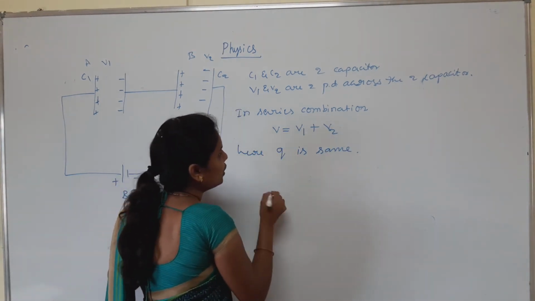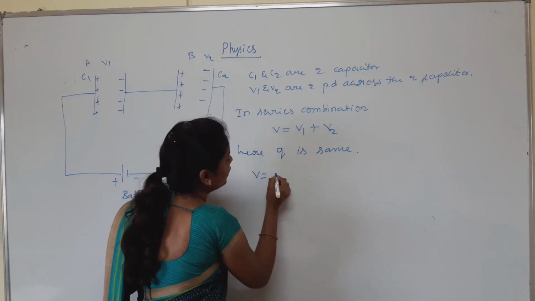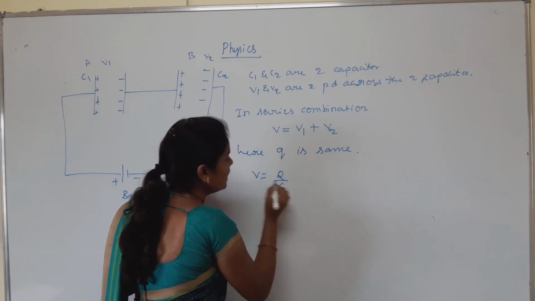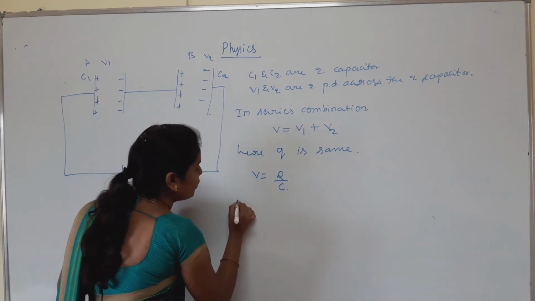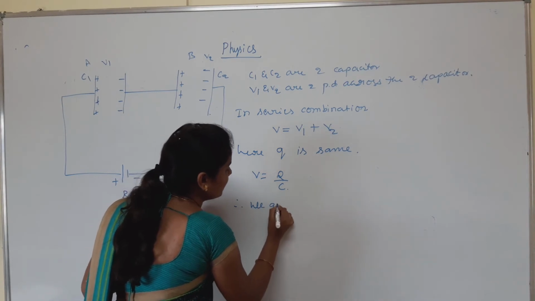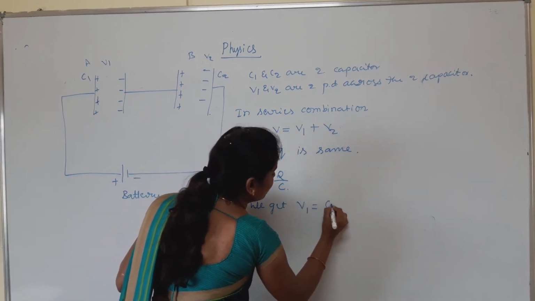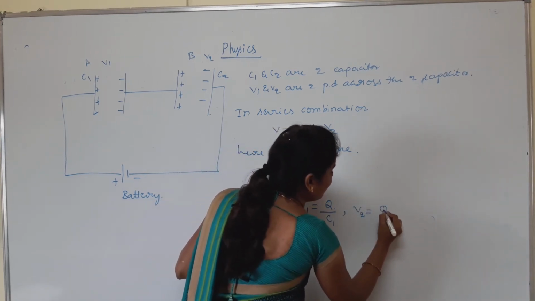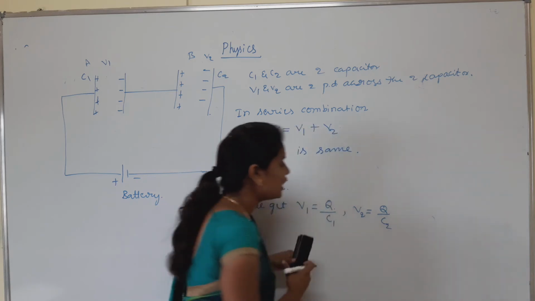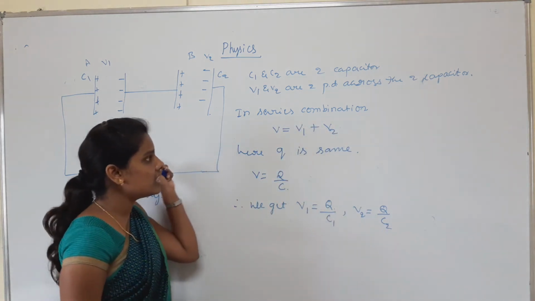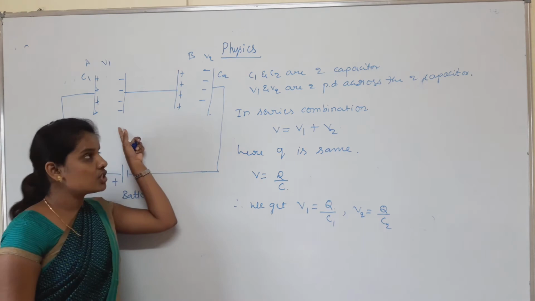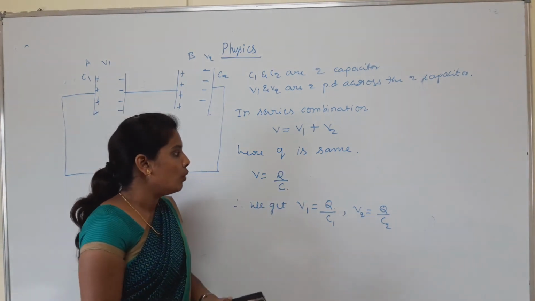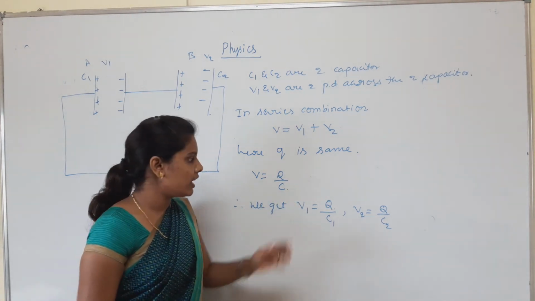We know that V equals Q divided by C. Therefore V1 equals Q divided by C1 and V2 equals Q divided by C2. Here Q remains constant because in series combination the same charge flows through, so there is no variation in the charge, only in the potential difference.